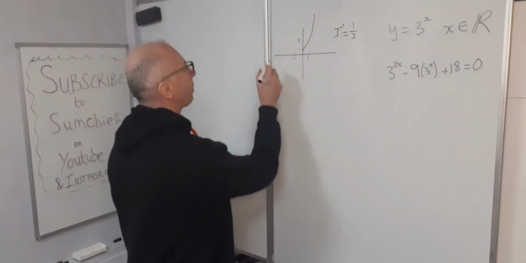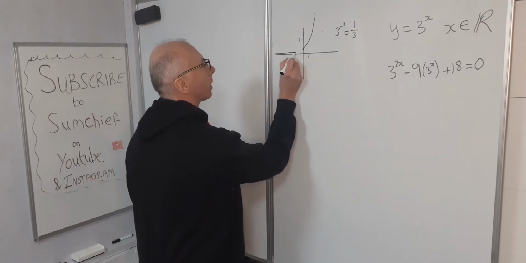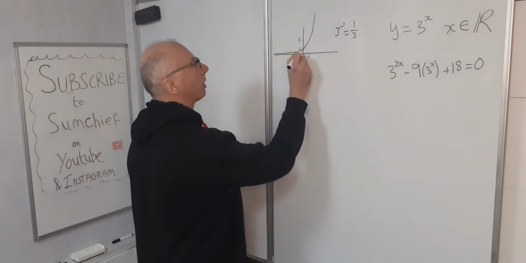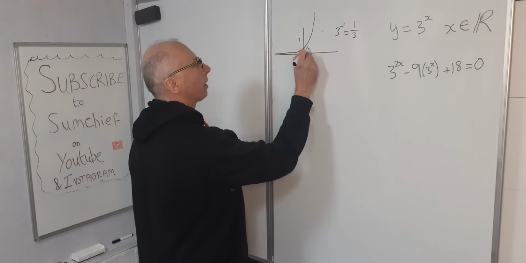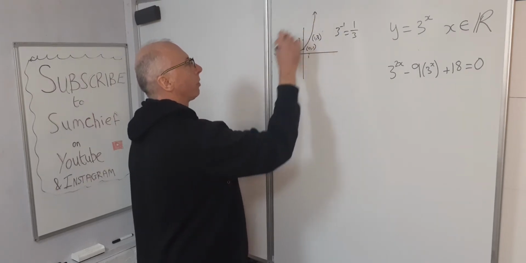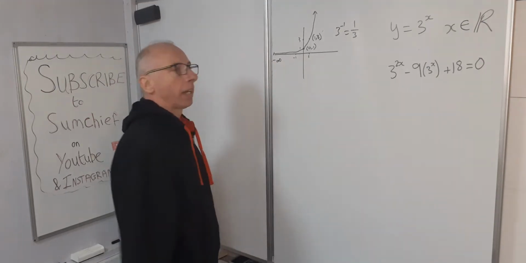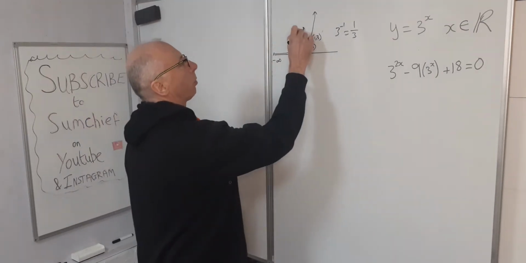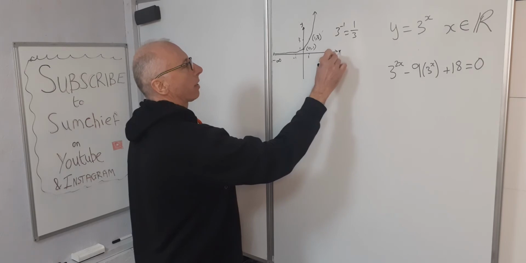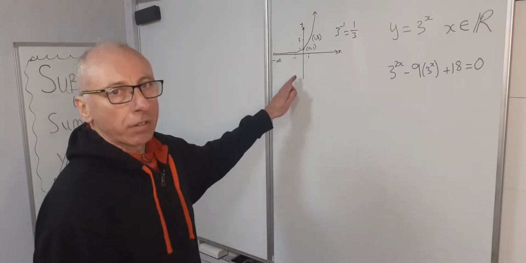So therefore the graph is going to get really close to the x-axis and then gradually build up here, where this bit here is (0, 1), and this bit here is (1, 3), and that goes off to infinity. That now approaches negative infinity down this way. So let's put the y, and this is our x. Okay, so that takes care of the graph.